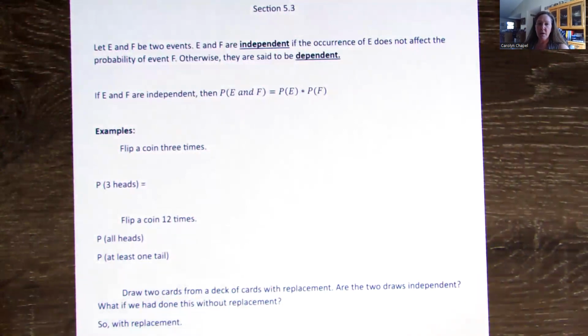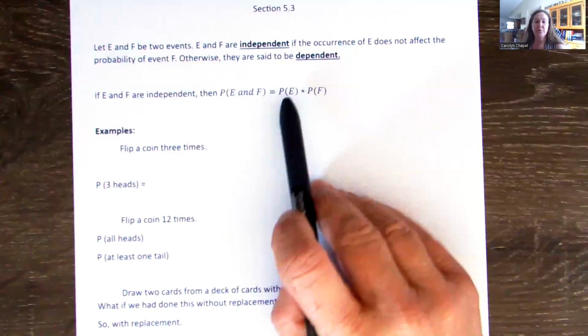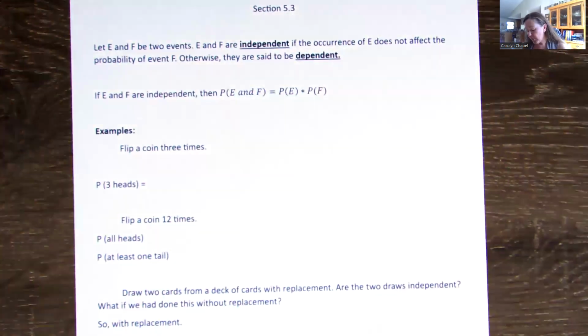And if we do have that they are independent, then we can take the probability of E and F happening to be just multiplying those two together. So some examples that we're going to see here are going to be different than an and statement that we saw before.